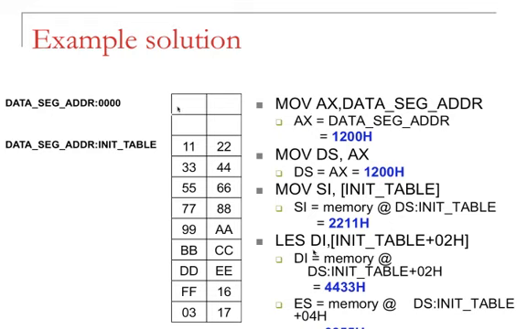If I change this DI to, let's say, EDI, EDI takes 4 bytes. So you're going to start again from here, take 4 bytes, and for ES, here should be plus 6. And that comes from this 2 plus 4.